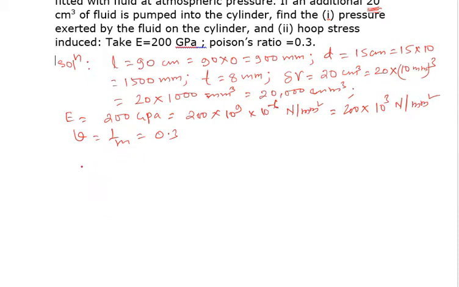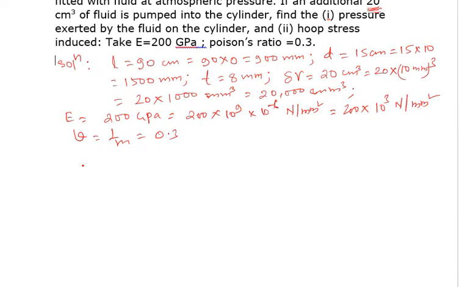Now let's move to solve the question. So here delta V is given, so what we have to calculate is epsilon V, that is volumetric strain, because the volumetric strain is equal to twice of circumferential strain plus longitudinal strain.